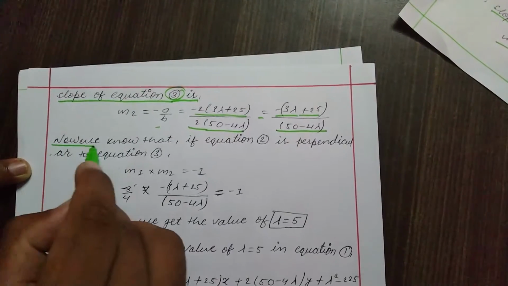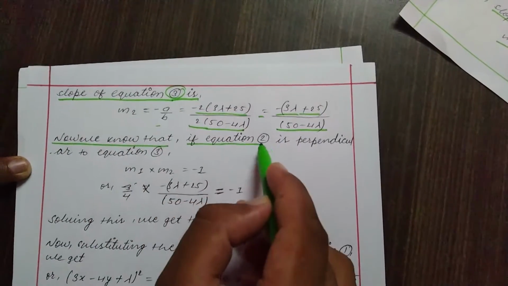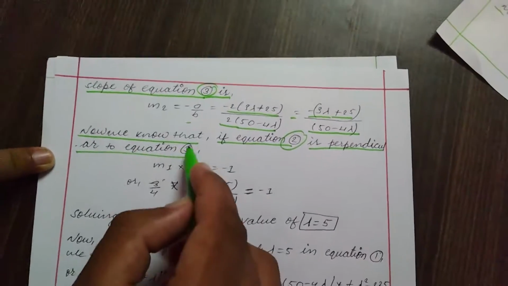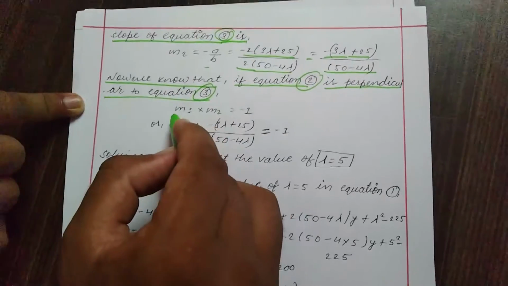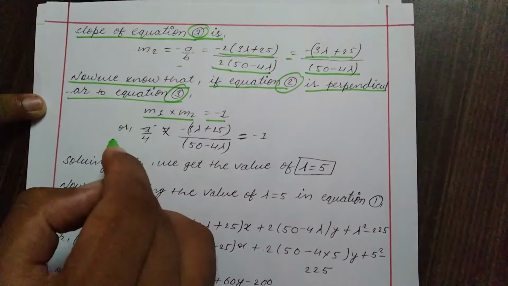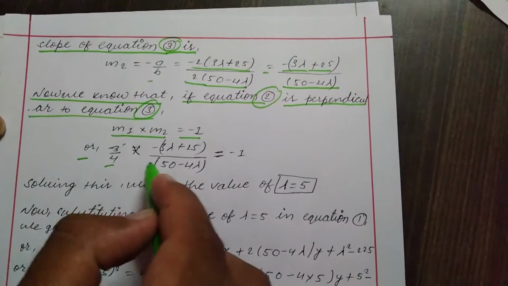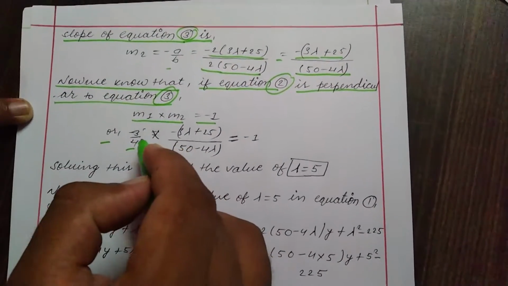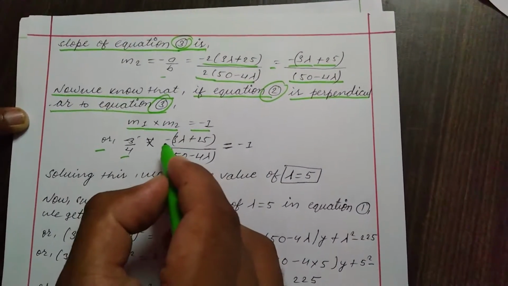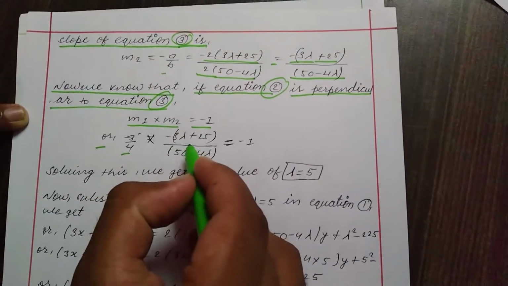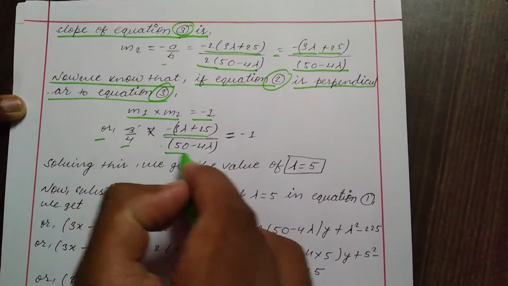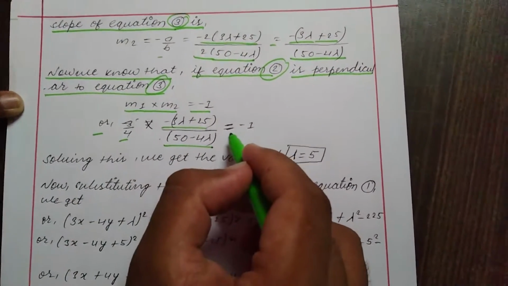Now we know that if equation 2 is perpendicular to equation 3, m1 into m2 equals minus 1, or 3 by 4 into minus (3 lambda plus 25) divided by (50 minus 4 lambda) equals minus 1.